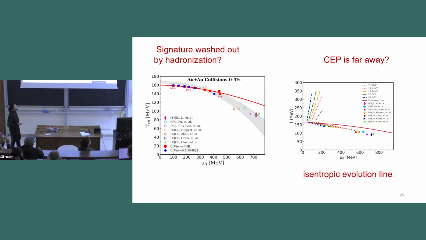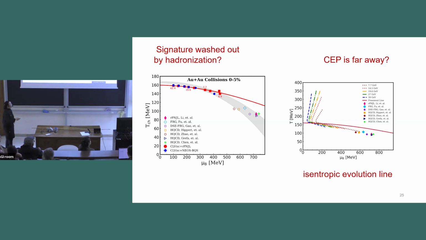Another possible reason is that this critical point is predicted by the chiral phase transition. But in the real system, the system goes through the quark-gluon plasma to the hadronic phase, from quark matter to hadronic matter.